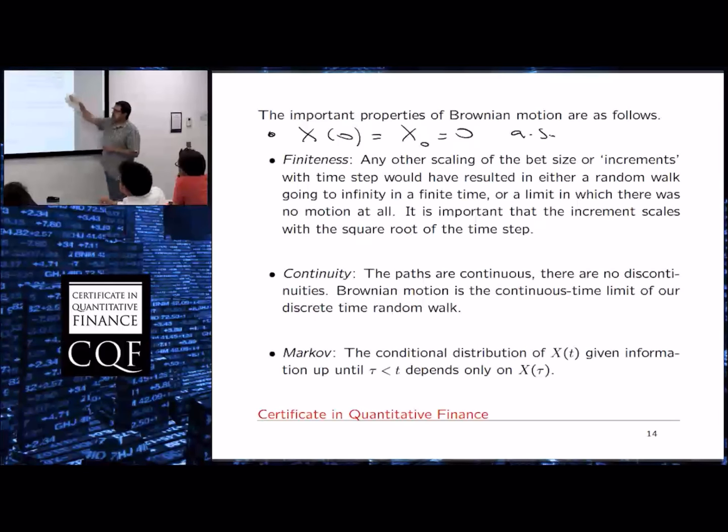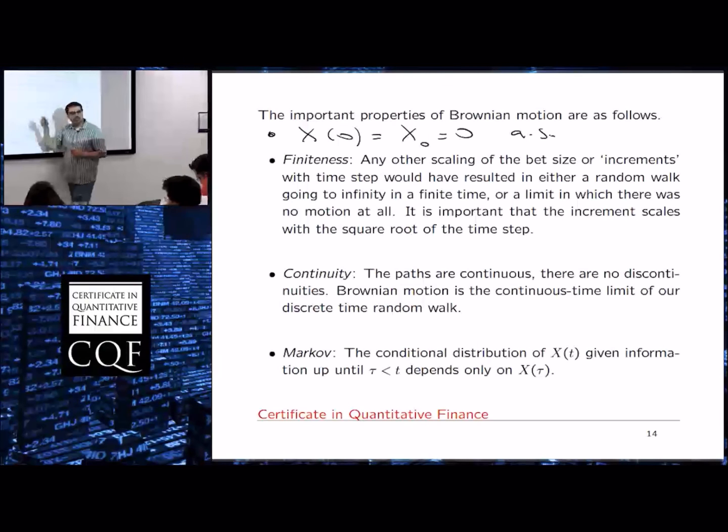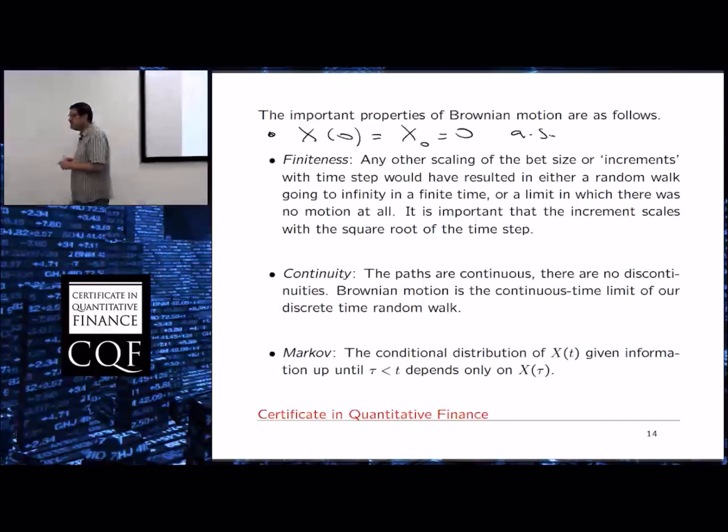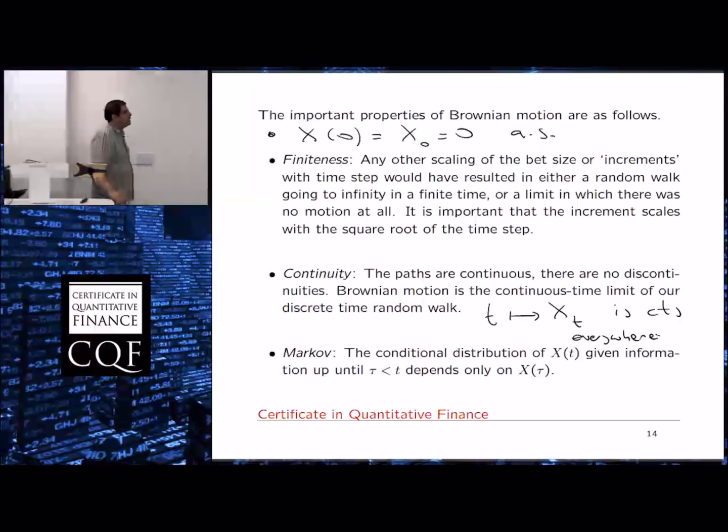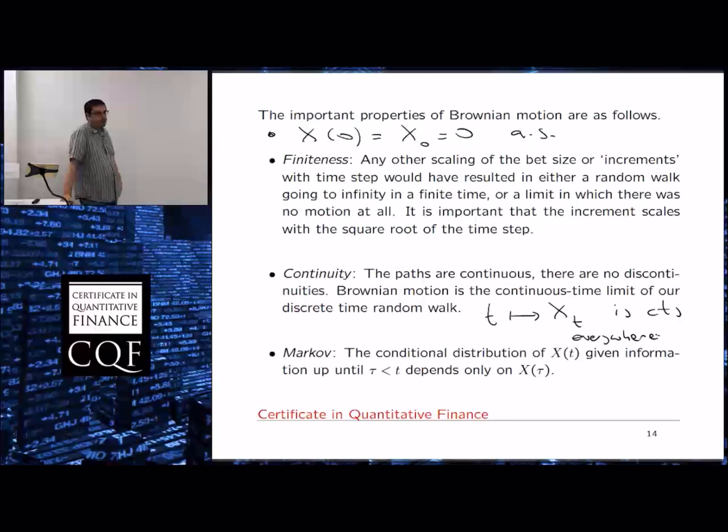So the next property is continuity, which we can write down as this. So t being mapped onto xt is continuous everywhere. But think back to when I zoomed in to that random walk, the green colored one.